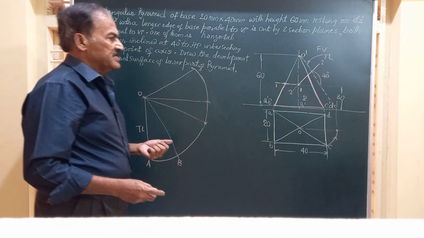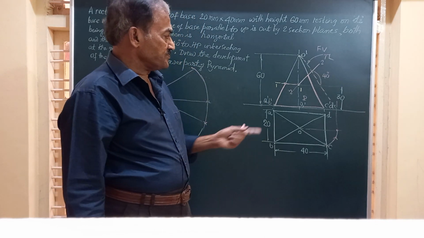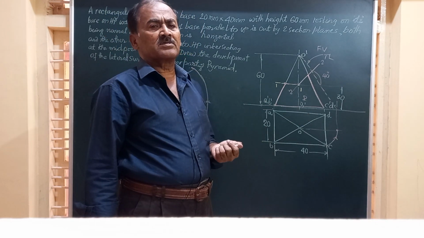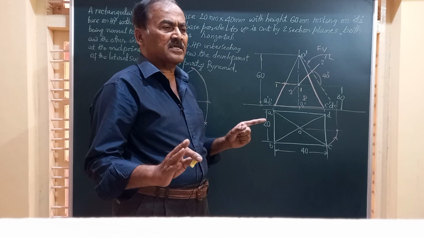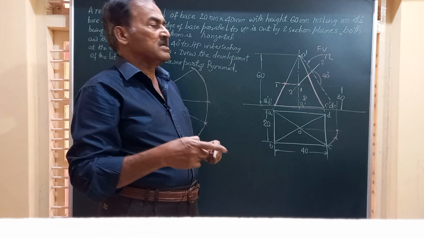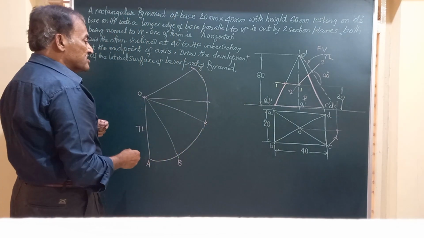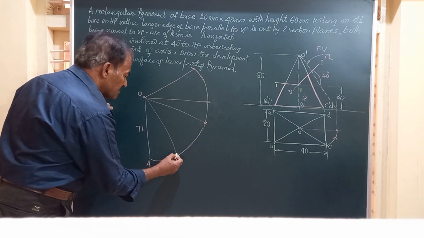After getting this, friends, you know very well, if you just observe the figure, the complete base, that is AB, BC, CD and DA, are intact. That is to say, none of the section planes are touching the horizontal base. So friends, I can show all these base edges by straight lines.